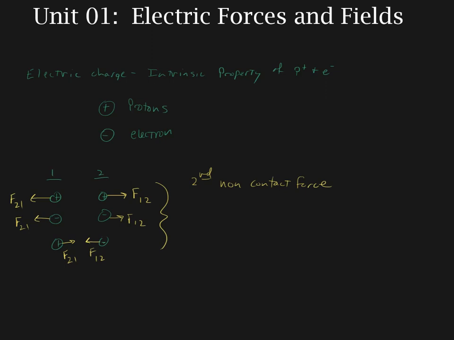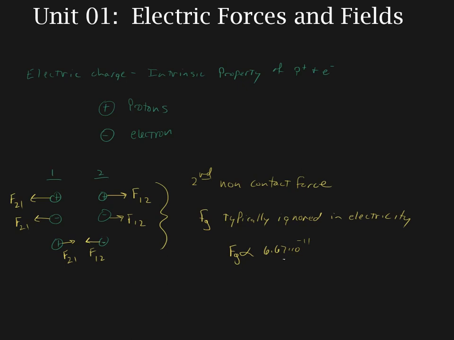In most problems that we do in electricity, we actually ignore gravity because gravity is so small compared to the electric force. And what I mean by that is this. If we look at the force of gravity fundamentally, we know that it's proportional to the constant G, which is 6.67 times 10 to the minus 11.